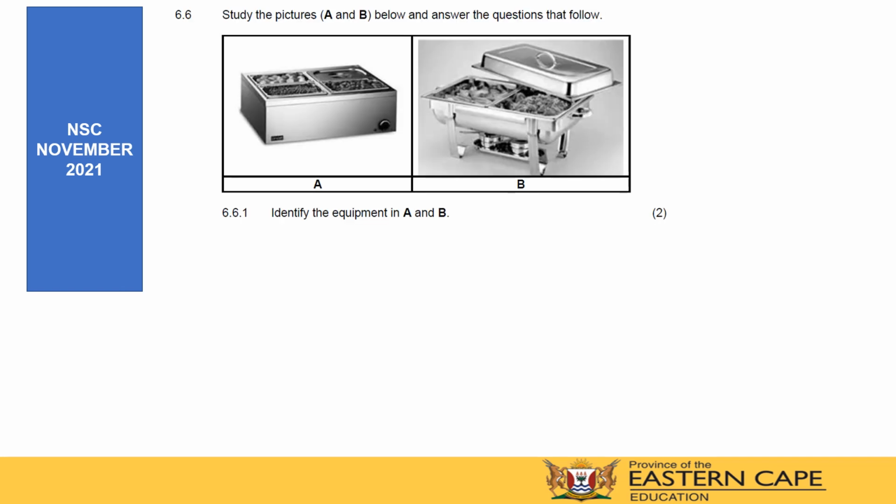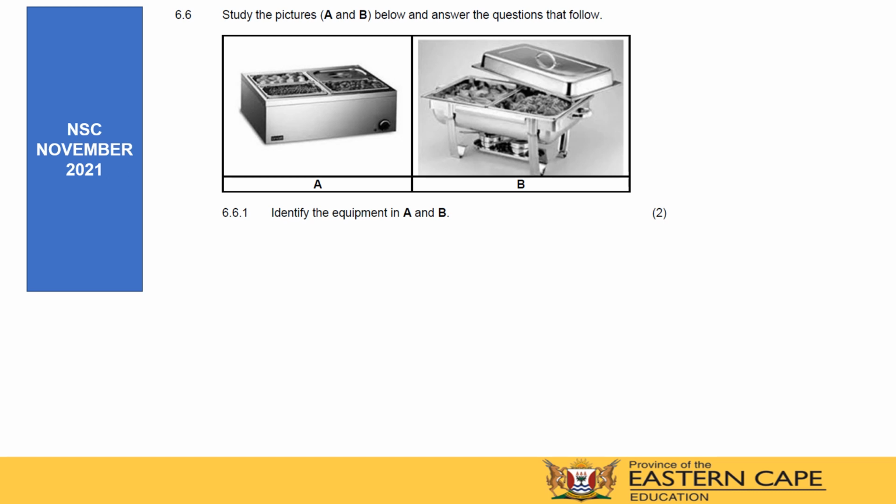Okay, let us move on to an example of a question that was set in the NSC November examination in 2021. Now remember, I told you that this section forms part of question 6. Here the examiners have given you 2 pictures, and they ask you to study pictures A and B below and answer the questions that follow.